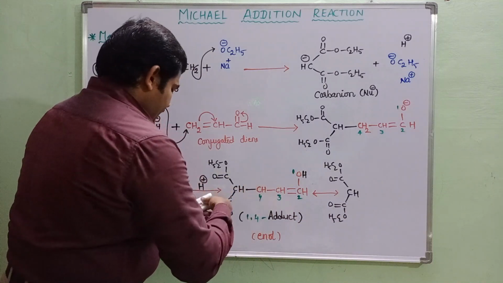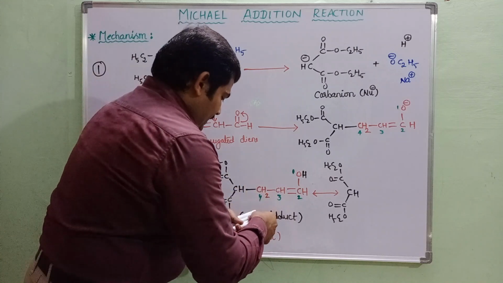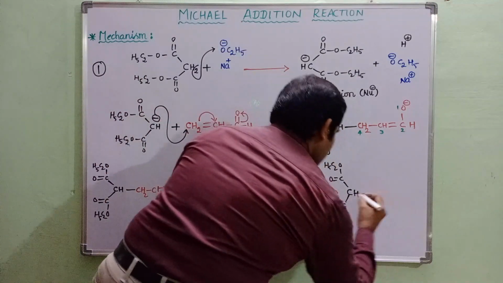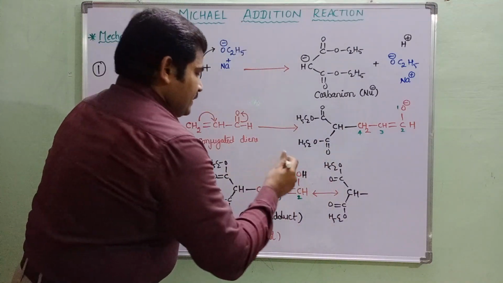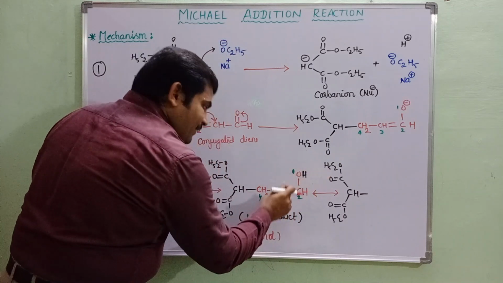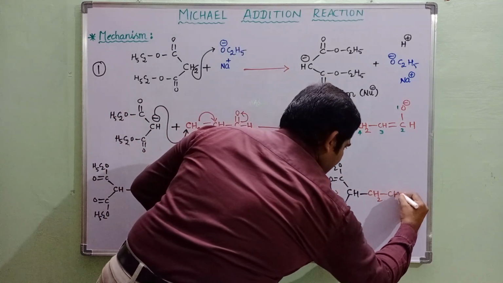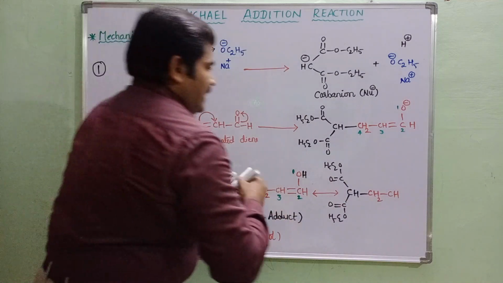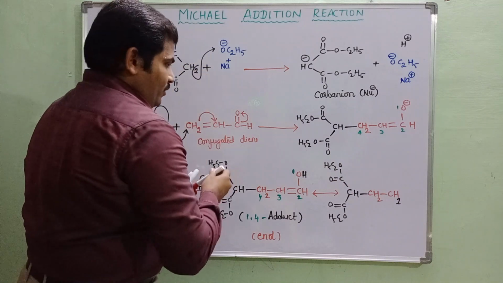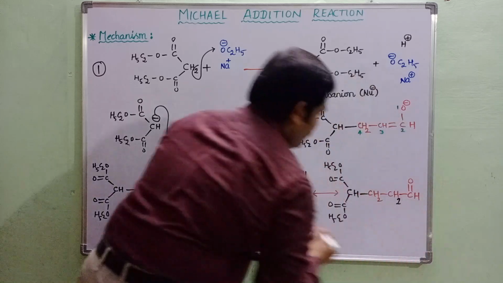Sorry, I have forgotten to write H over here. You have to check it carefully. And this is the enol form. In the ketone form, migration of this hydrogen to the alpha carbon atom. CH2, CH. Here the hydrogen of our active methylene group containing compound and the carbonyl group.